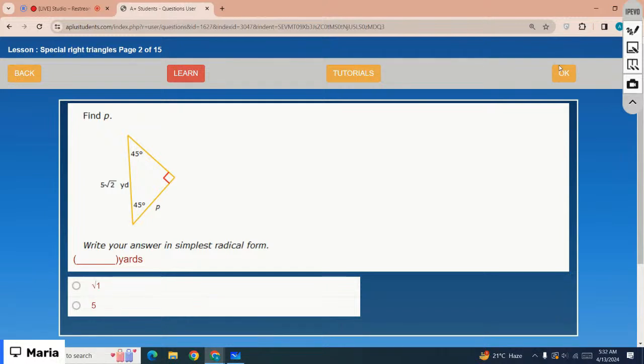Okay, find P, which is the correct option? 5 it is. The correct option is 5.